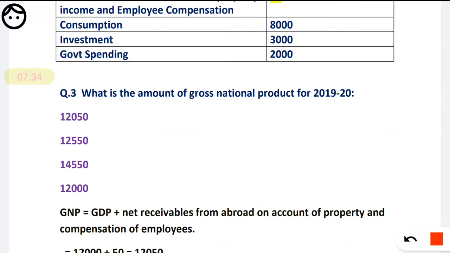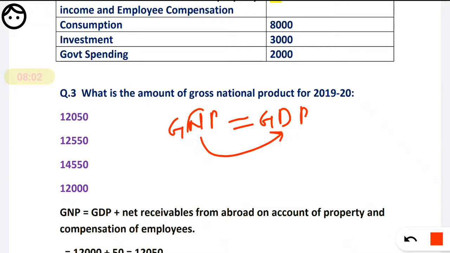See here, we have to find the gross national product, and we have GDP, okay. This is the gross national product and this is the gross domestic product. So we have to find the national income, that means basically nationality income.